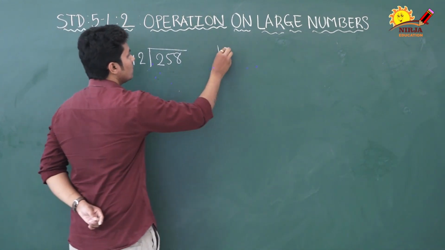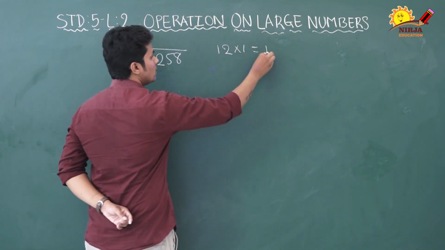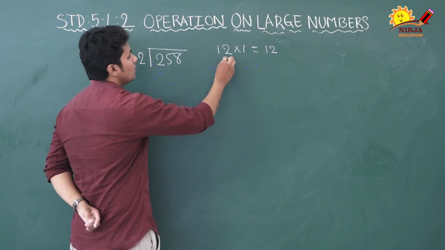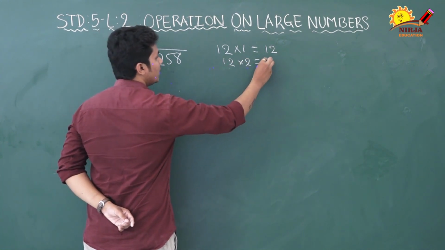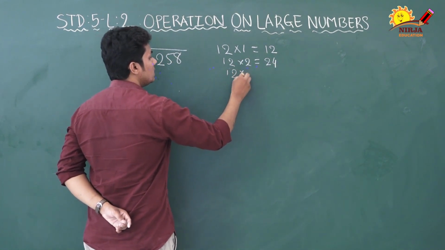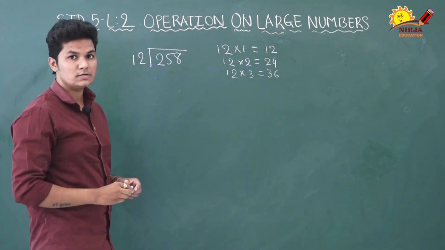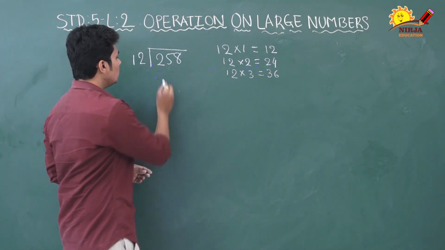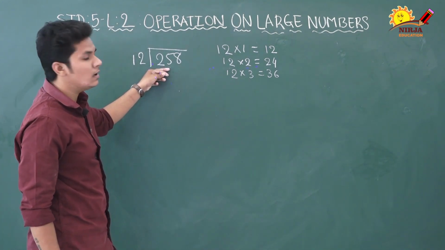Okay, so 1 time 12 is 12, 2 times 12 is 24, and 3 times 12 is 36. But students, always remember, we will not write a number greater than the number that we are going to divide.